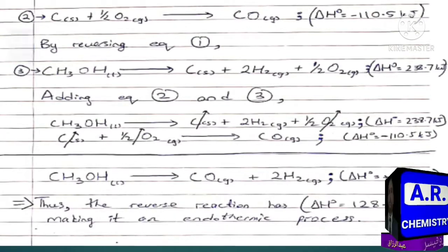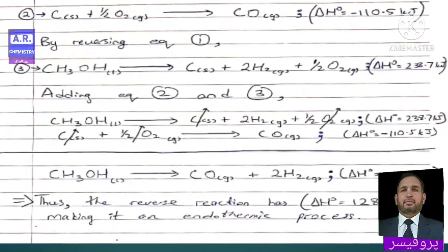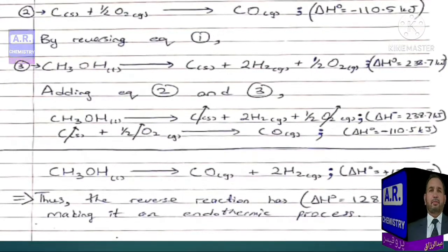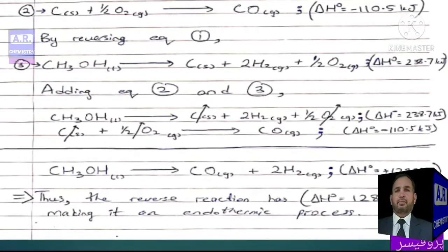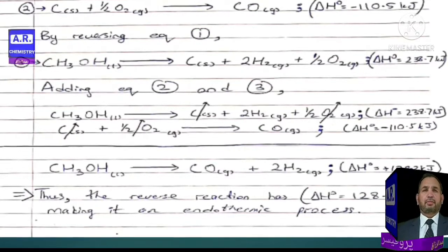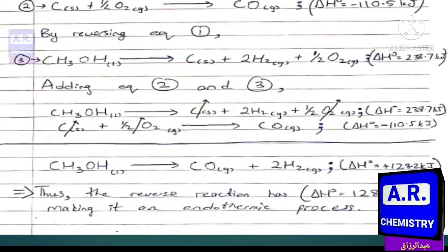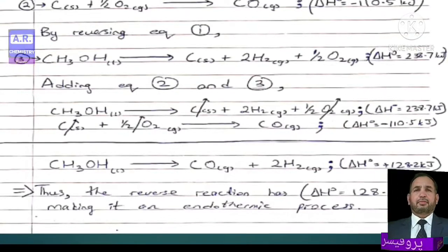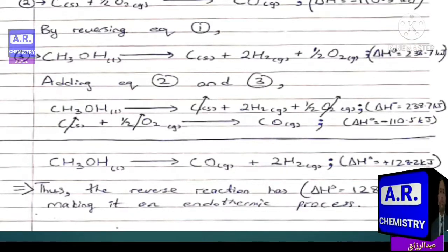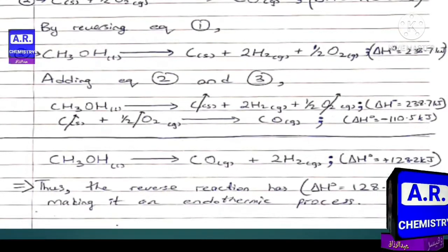When you reverse an equation, definitely the sign of enthalpy is also changed. If the enthalpy of formation is negative, then it would become positive when you are reversing that equation. So now in equation 3, with CH3OH reacting and carbon, hydrogen and oxygen in the products, the enthalpy value is positive 238.7.